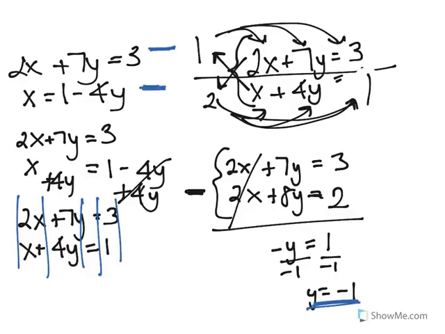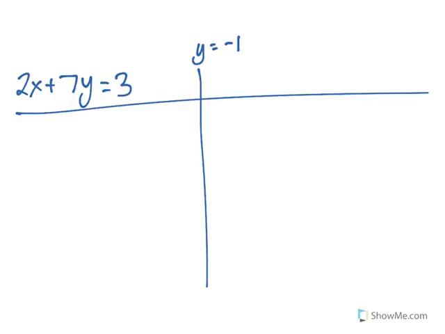Now I'm going to show you that I can plug it into either equation, and I will get the exact same answer, okay? So I'm going to pick equation 1, 2x plus 7y equals 3, or I'm going to do x equals 1 minus 4y.